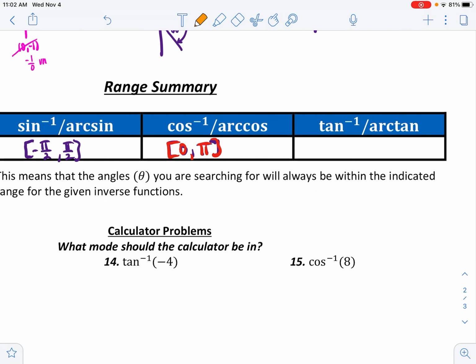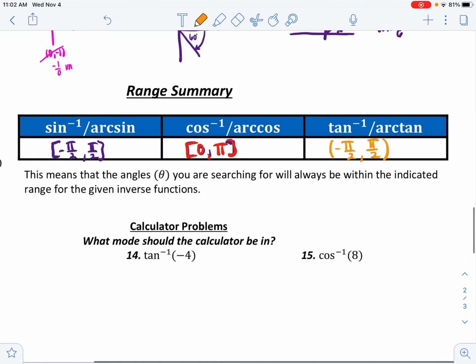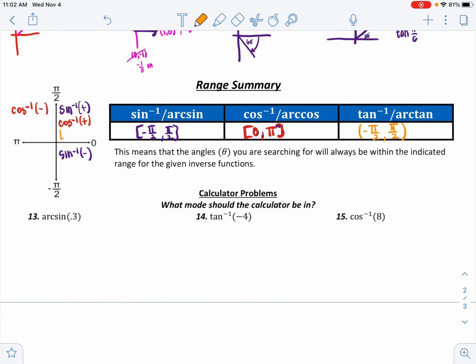And then last but not least, I'm trying to color code this here, we have tangent. Tangent inverse or arctangent is only defined in my first and fourth quadrants, from negative pi over 2 to positive pi over 2. But those two will never be your answer. So tangent inverse, if it's positive, first quadrant. If it's negative, fourth quadrant.